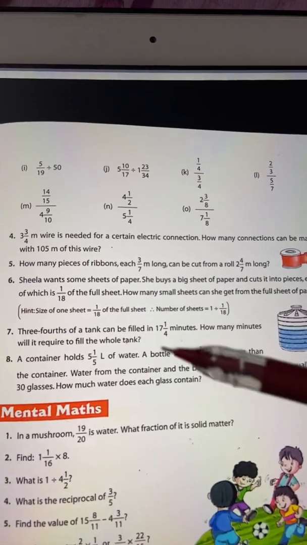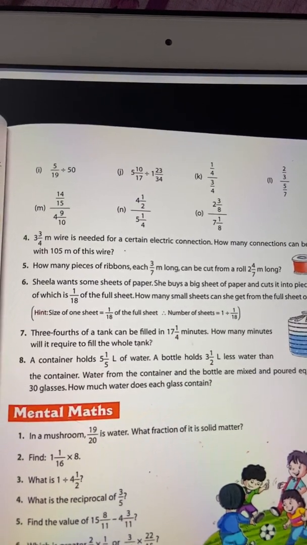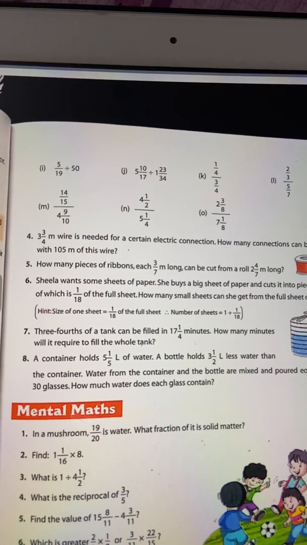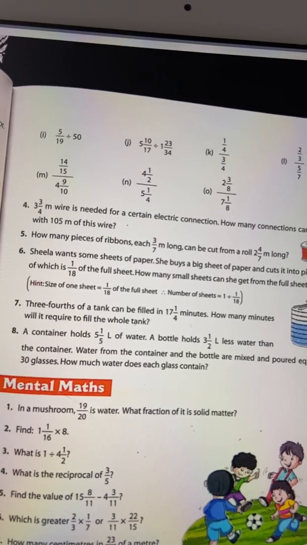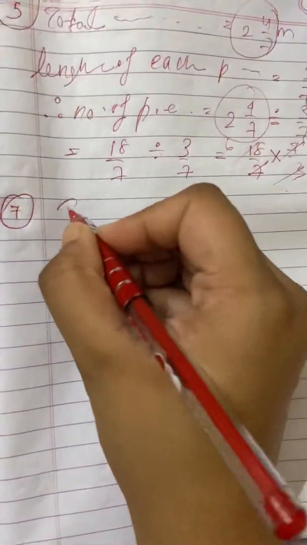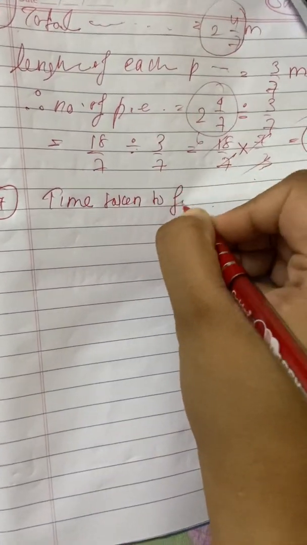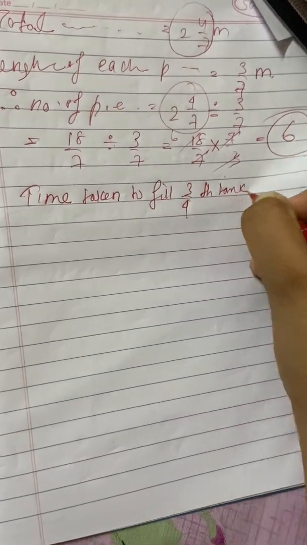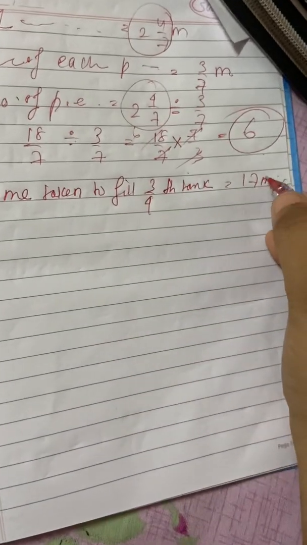Seventh question. 3/4 of a tank can be filled in 17 1/4 minutes. How many minutes will it require to fill the whole tank? You know that to find the answer for a single thing, we have to divide. So I will write like this. Time taken to fill 3/4 tank equals 17 1/4 minutes.